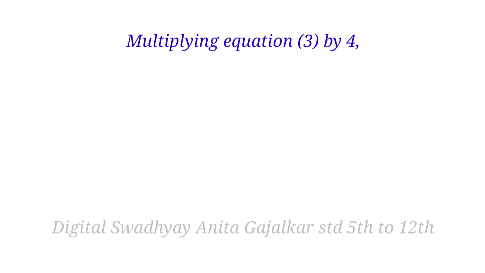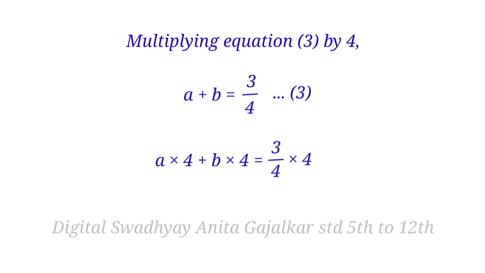Multiplying equation 3 by 4, equation 3 is a plus b equal to 3 by 4. a into 4 plus b into 4 equal to 3 by 4 into 4. 4a plus 4b equal to 3, equation number 5.